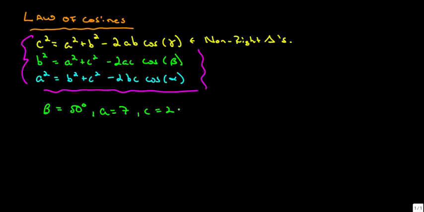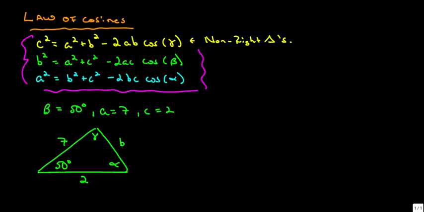And you want to try to solve this. So I'm just going to draw out an arbitrary triangle. Now I'm going to call this side beta, so this is B. We'll call this angle alpha, so this is side A. And I'll call this gamma, so this is 2.